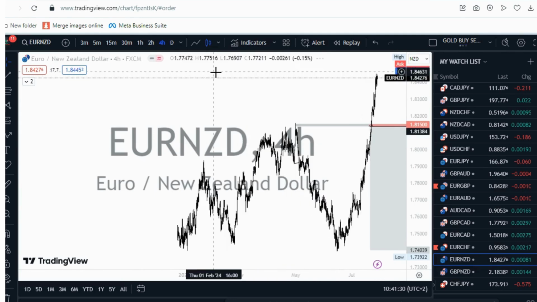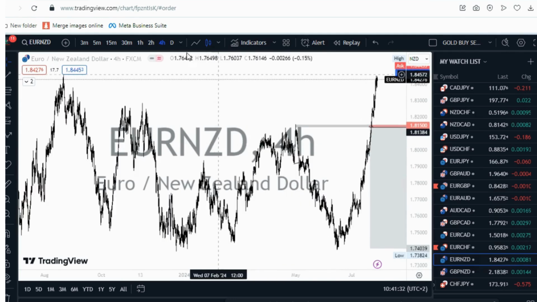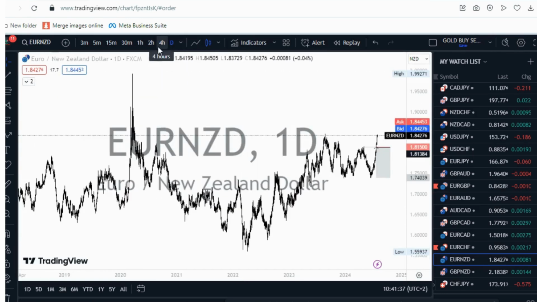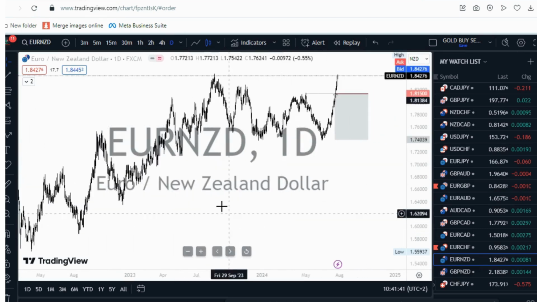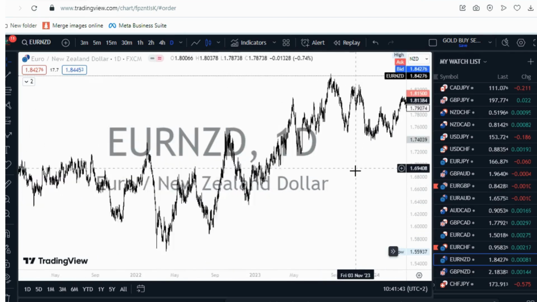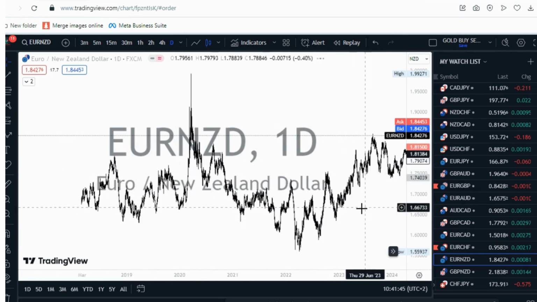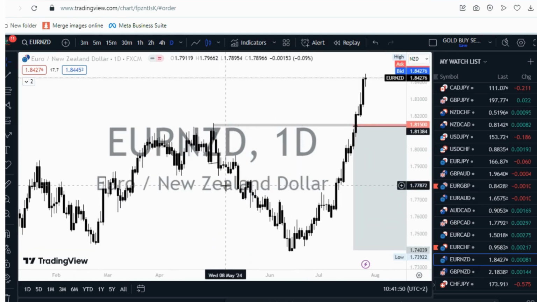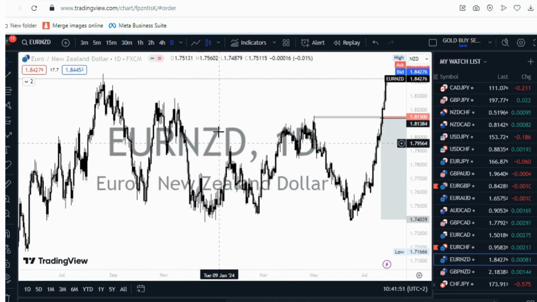I'm afraid. Let's go to the daily. We can see that this as well is also in a bullish trend, but there's no area for me to actually buy from. The market has already pushed a long time, so for me, nothing to do over there.